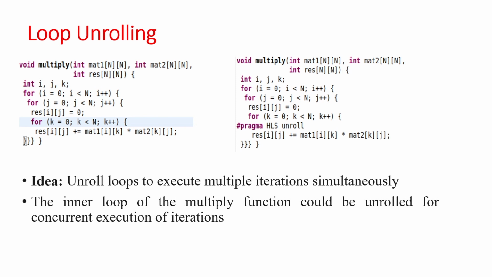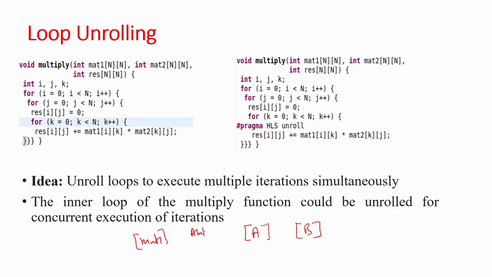I think everybody knows it, but just to refresh your memory, I am explaining what matrix multiplication is. We are given two matrices, A and B, or matrix 1 and matrix 2.